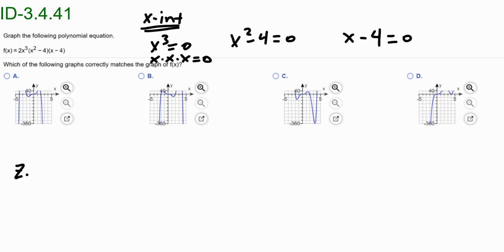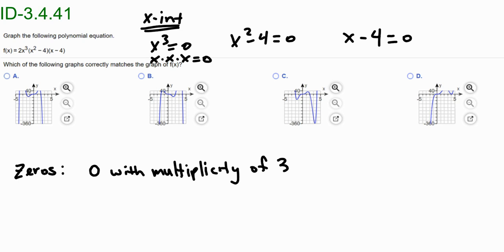So the zeros so far, I could say I have a 0 at x equals 0 with multiplicity of 3, which is odd. So the graph will cross the x-axis at x equals 0.